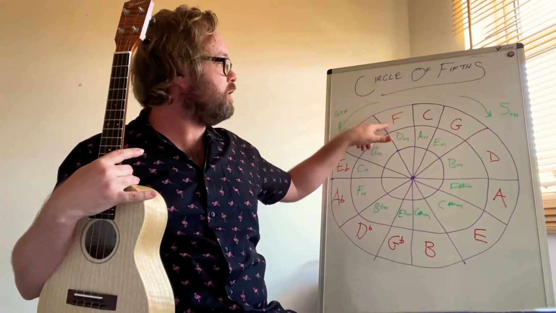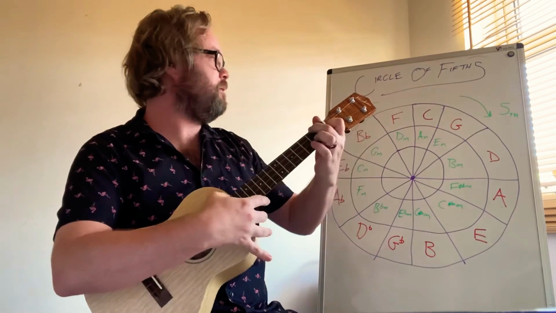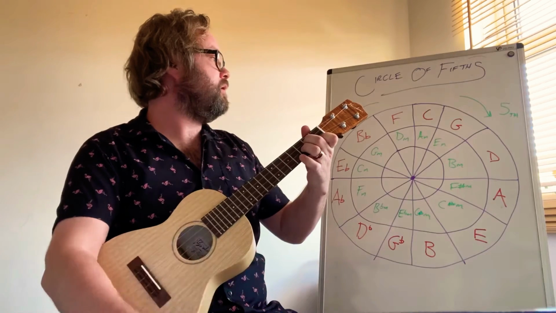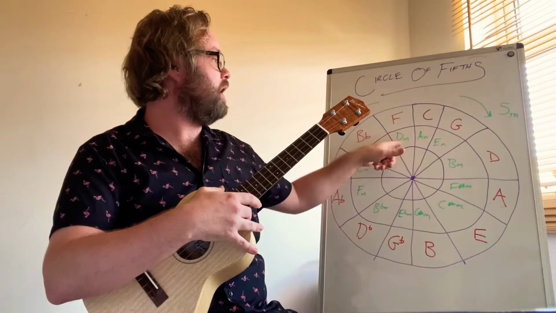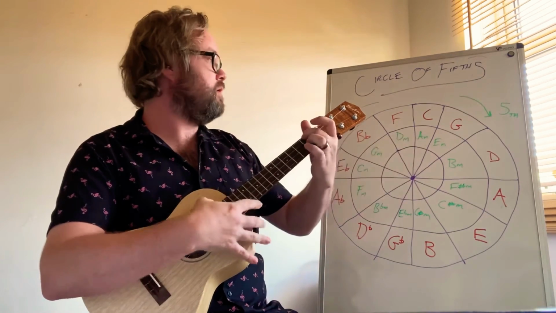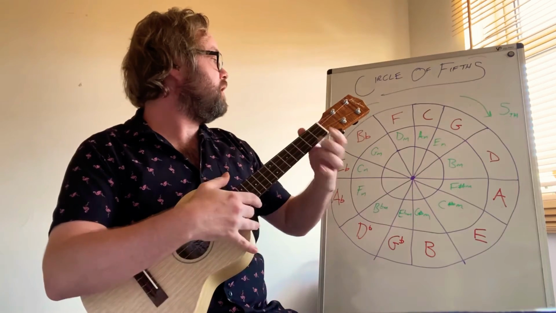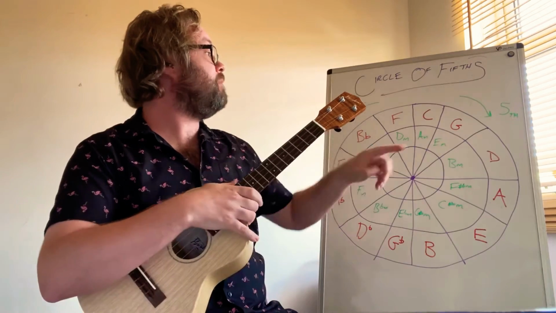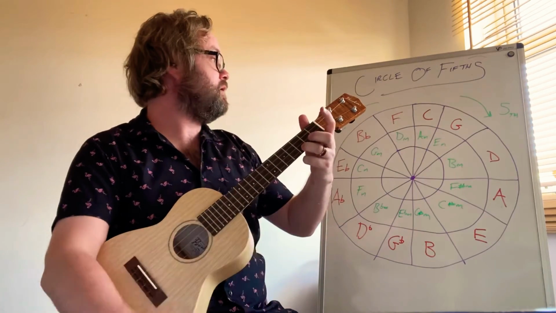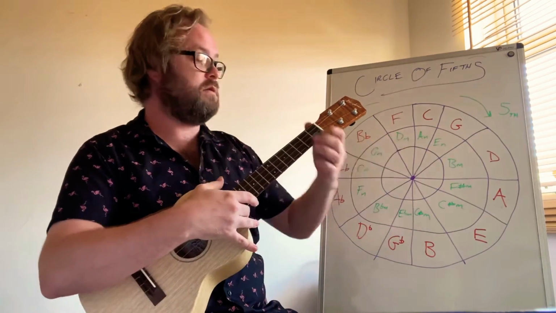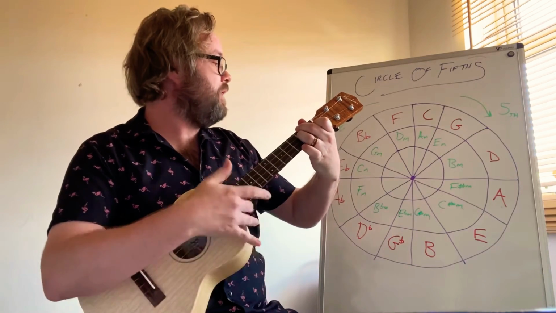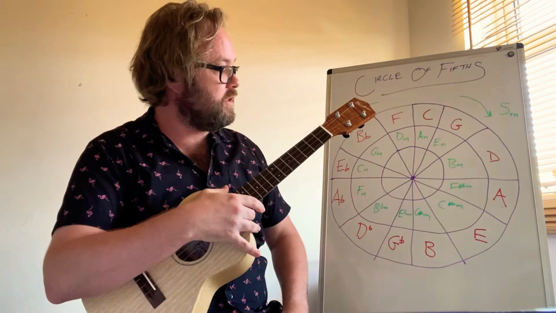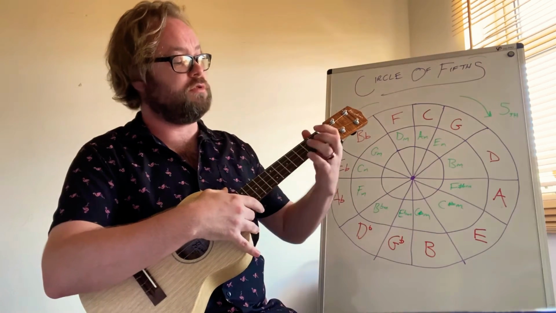In the key of F, the chords that fit together are F, G minor. Then we could have A minor, B flat major, C major, D minor, and then if we want our kind of unusual diminished chord, we would come down here to this E diminished chord.